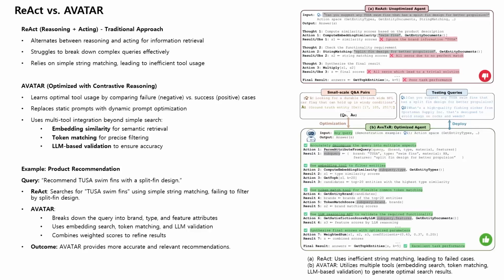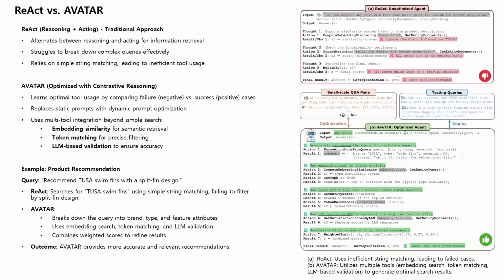AVATAR addresses these issues by introducing contrastive reasoning. It learns effective tool use by comparing failure cases with successful ones. Instead of relying on static prompts, AVATAR continuously optimizes prompts dynamically.